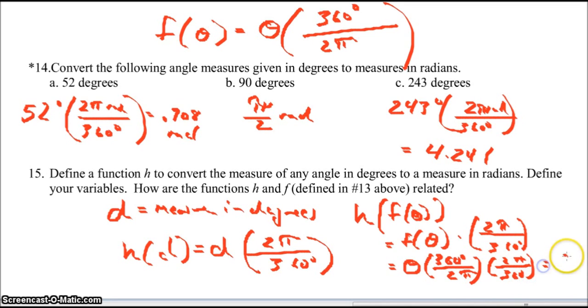Notice that you just wind up with theta. So we have inverse functions. We could check the composition the other way and figure out that we just get d to come out on the end.